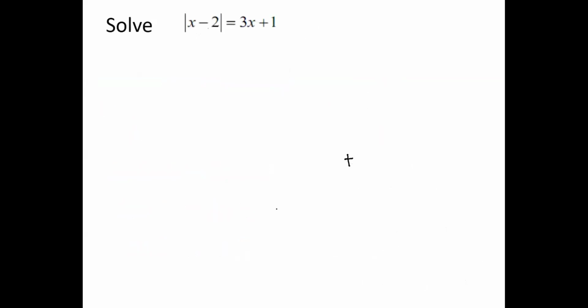Good. Let's do a last example. Oh, I don't think this is the last one. Okay, let me go with this one. So you have to solve this one. What's this? The modulus of x minus 2 equals 3x plus 1, right? So you follow the same procedure.